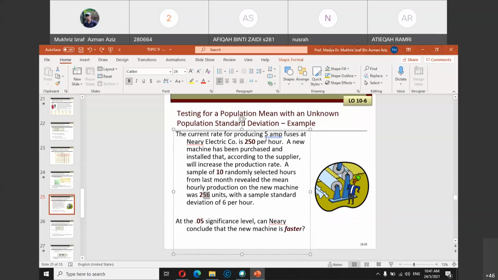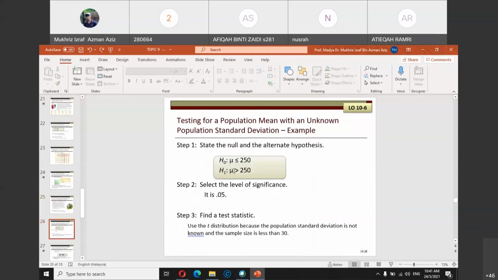So your H1 will be mu bigger than 250. Because this is bigger, the H0 will be less than or equal to. That's why I mentioned in the previous week, always start with your H1 first. Construct your H1. Once you are clear what you want to do, the opposite will be true for H0. So step 1, your H1 and H0.